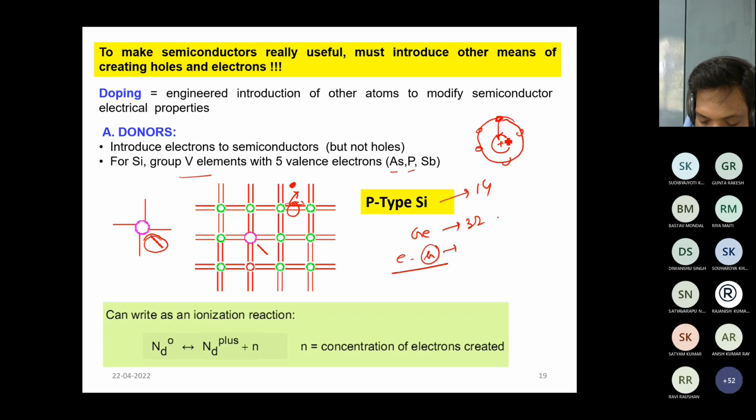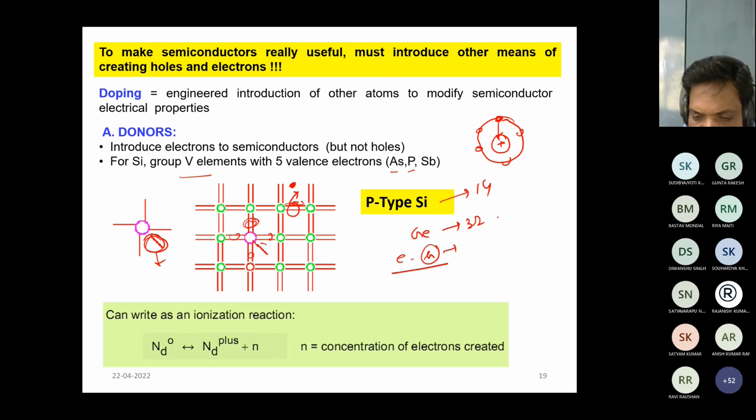Now, if we look at this, as these are attached with the covalent bond like this, and this one is attached only with the Coulombic force, you can get an electron hole pair only when the covalent bond is breaking. Also here there is a scope that this electron can break away, and this Coulombic force is very small compared to the covalent bonding force.